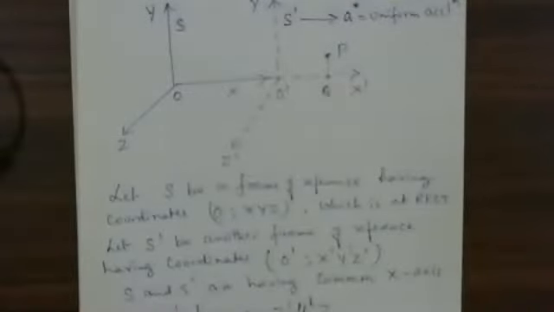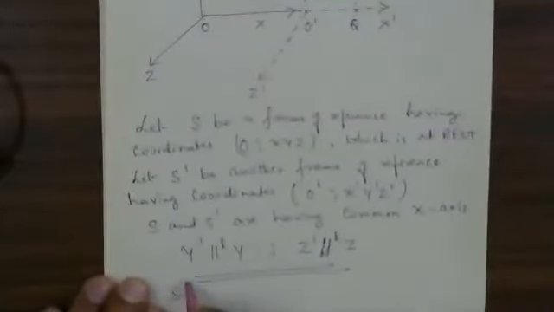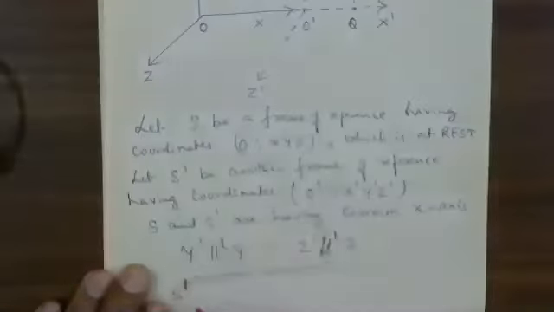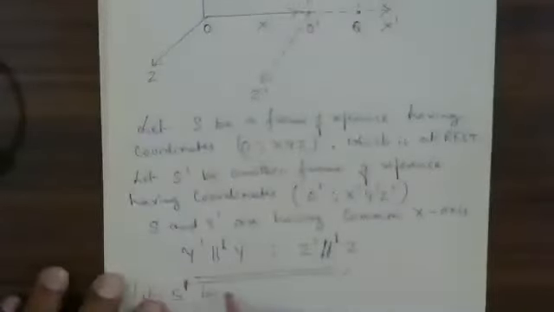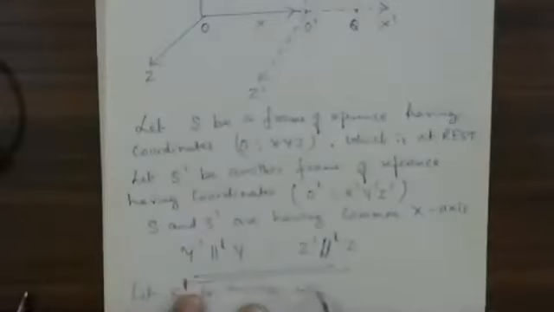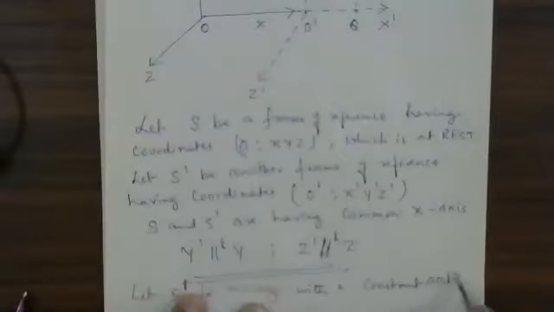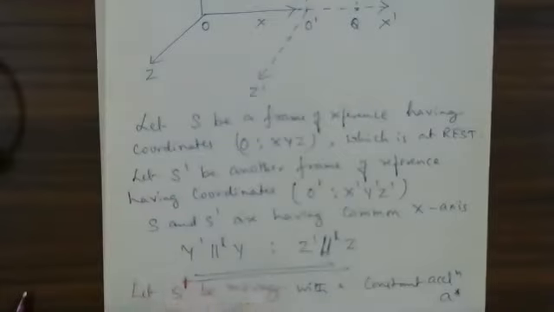Now, S dash is a frame, let S dash be moving with a constant acceleration or uniform acceleration, which is A star. A star is a constant acceleration with which it is moving.